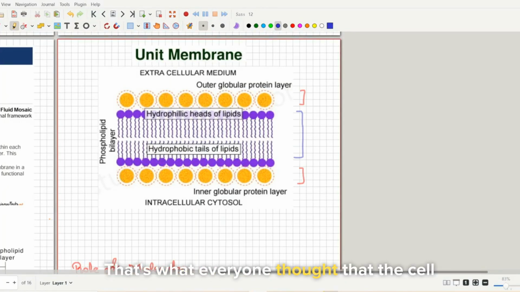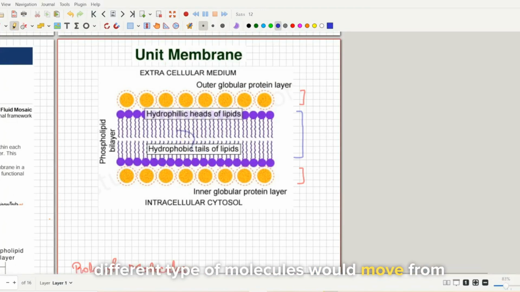That's what everyone thought, but this model was actually wrong. Why was it wrong? Because the proteins and lipids were not actually following this kind of structure. When they did experiments and saw different reactions, they realized this is not how the structure should be, because of how different types of molecules would move through this structure.